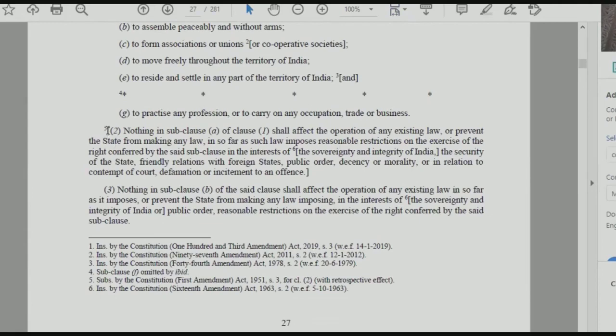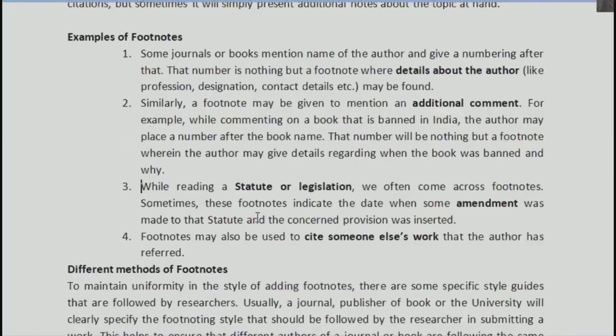Take an example, this entire part is inserted, this is inserted. All those provisions are inserted by which amendment, in which year, right? That information also we may get. That means when reading a statute or a legislation, we may get information regarding some amendment that took place with regard to that legislation and some provisions were added. Right? That is the third example of a footnote.